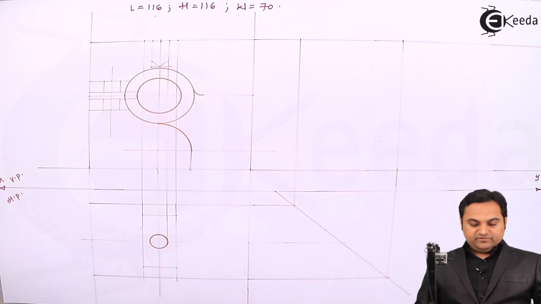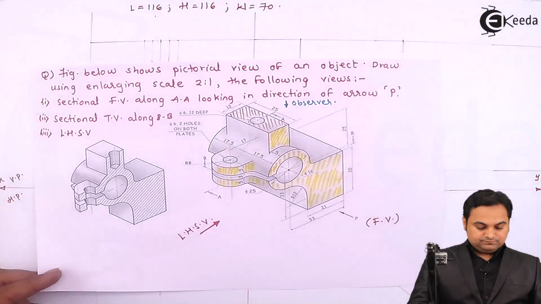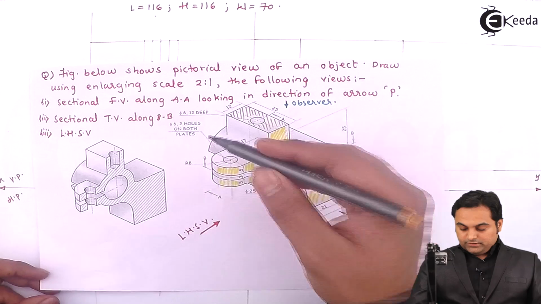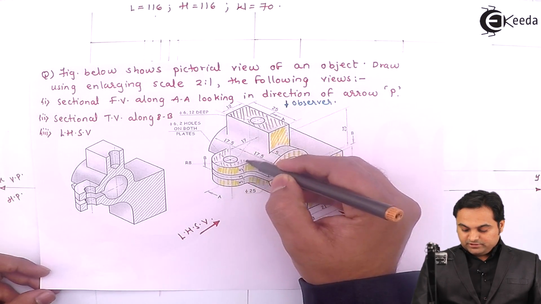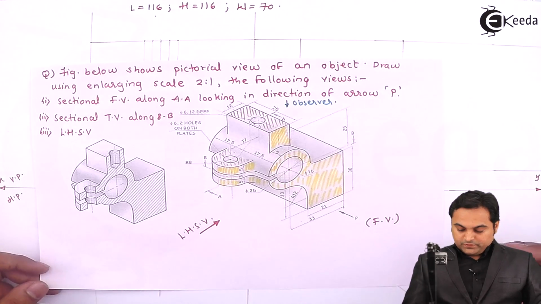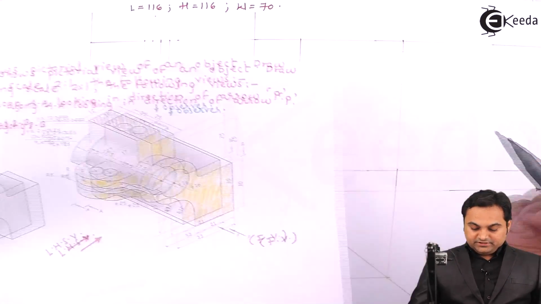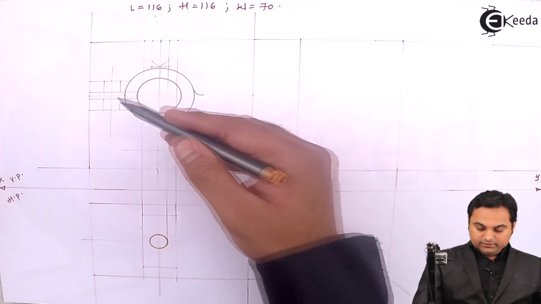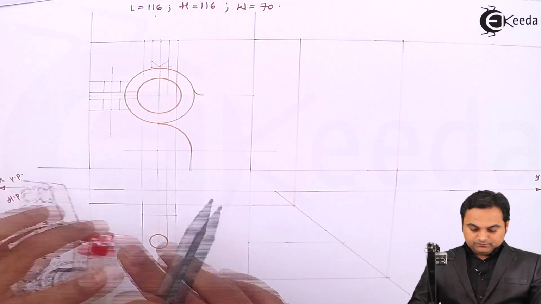Now this circle will be visible from top. Then at the same time, here there are these semicircular surfaces which are visible from the top. So it is exactly at the center, and its center in the front view is already there with us. So I'll project that line into the top view.